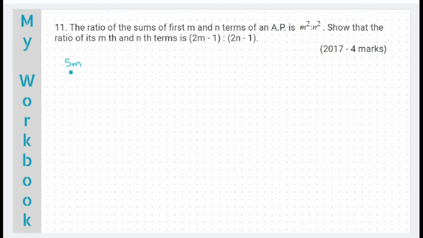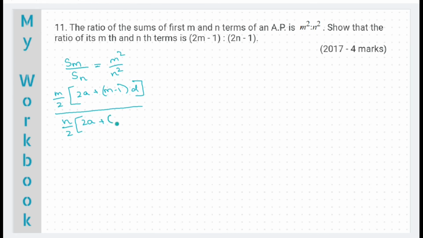Sum of first m terms by sum of first n terms is equal to m square by n square. Now sum of the first m terms is written as m by 2 into (2a plus (m minus 1) into d). Sum of the first n terms is n by 2 into (2a plus (n minus 1) into d).